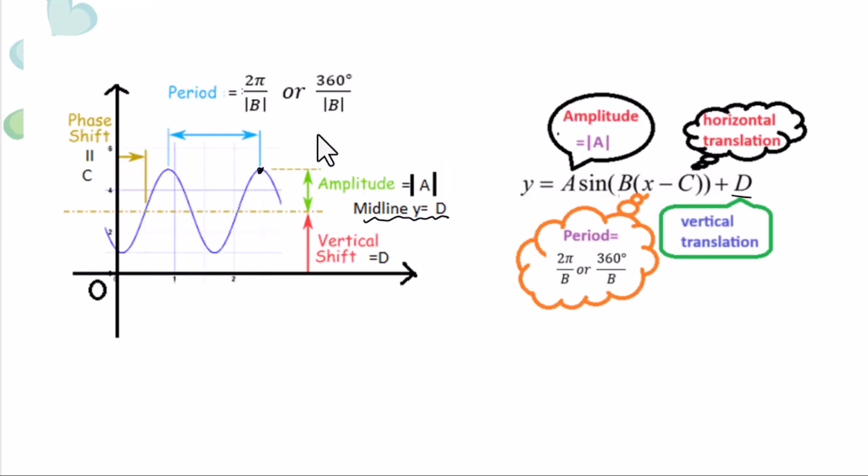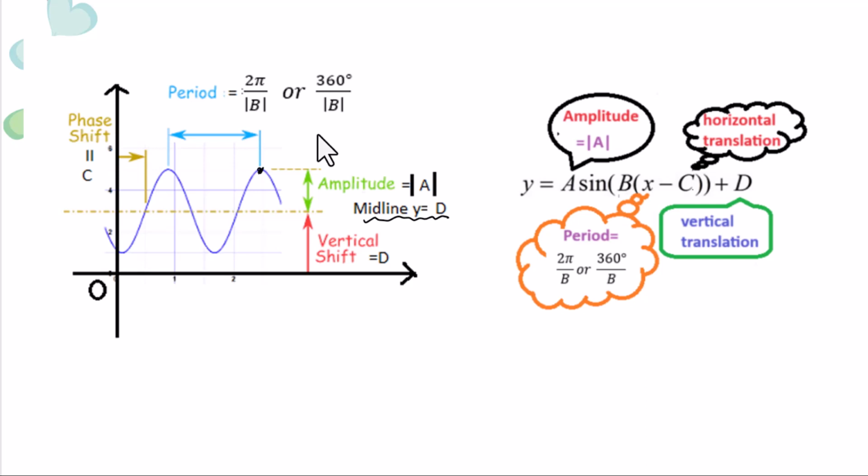Let's explore the graph of a sine and a cosine function. Try to build up a relationship between the graph and the function. We know this D will perform a vertical translation.